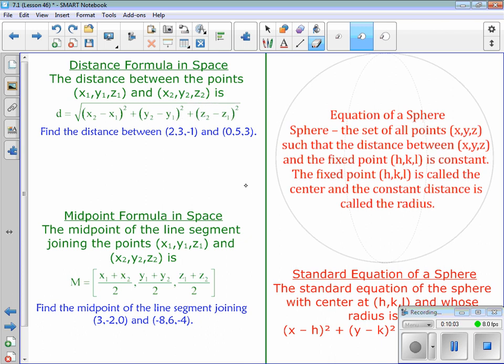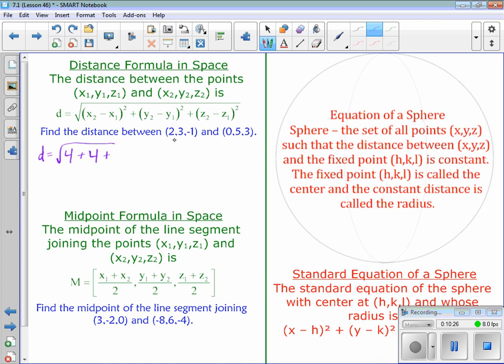So if we're trying to find this distance, I'm going to kind of shorten it up here. How much do my x's change by? 2. What happens when I square that? I get 4. How much did my y's change by? 2, and when I square it, I get 4.